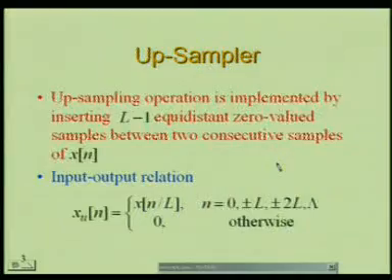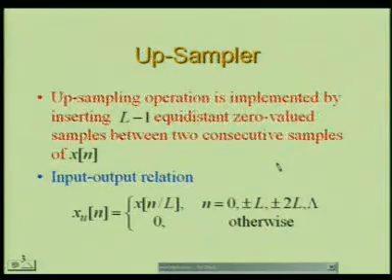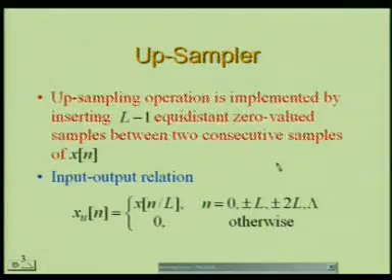The input output relation is simply written like this: x u n, the output from the upsampler, x n is the input sequence. So, it is simply x n divided by capital L, where L is a positive integer, and n may be equal to 0, plus minus L, plus minus 2 L and so on, 0 otherwise.